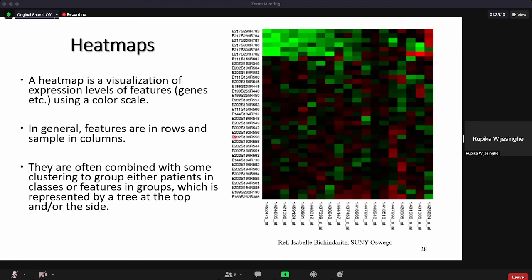This is the heat map, right? You can see here, this way it is the genes, and here the samples. So we can say this gene is overexpressed in this sample, this patient.